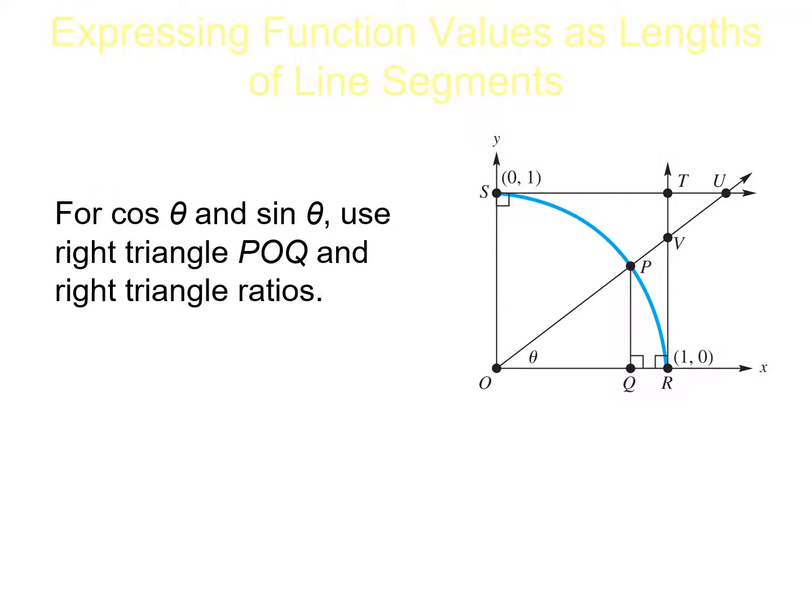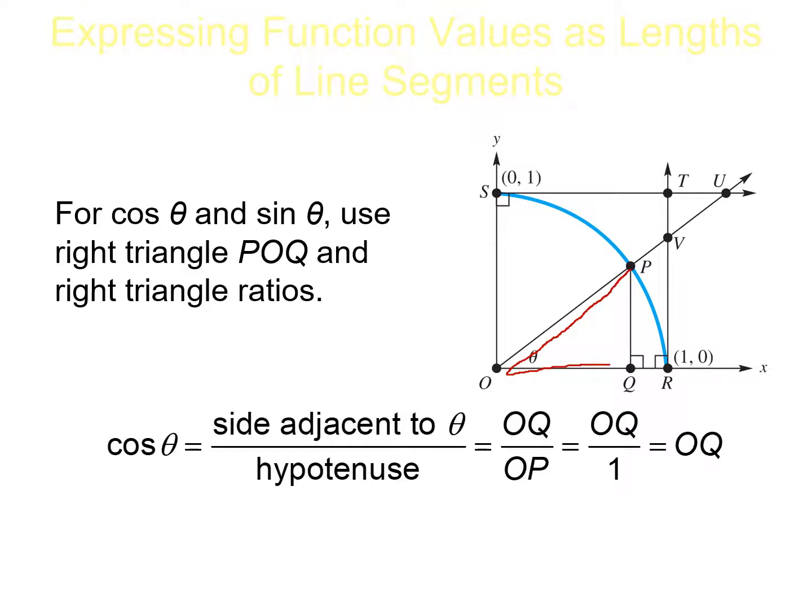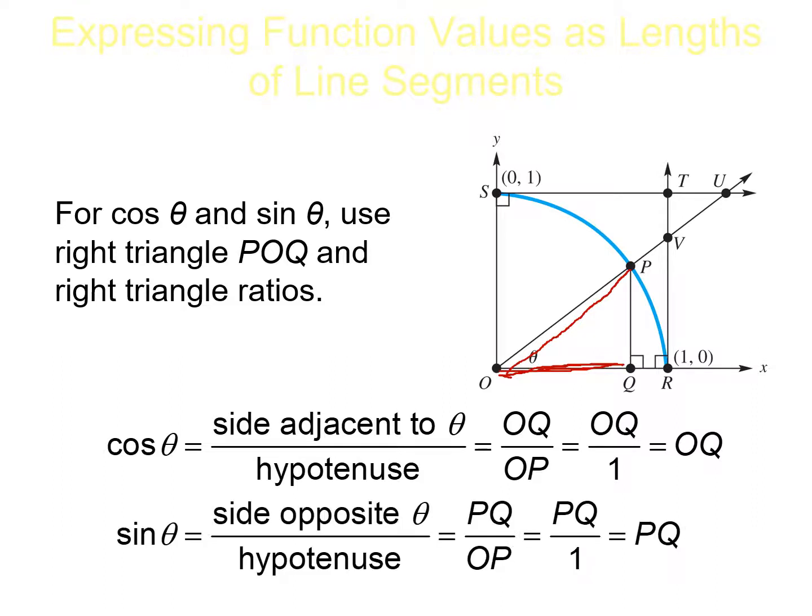Now, for cosine and sine, we can use the triangle POQ and the regular ratios that we've been using. So cosine of theta corresponds to OQ, this horizontal segment, while the sine of theta corresponds to PQ, this vertical segment.